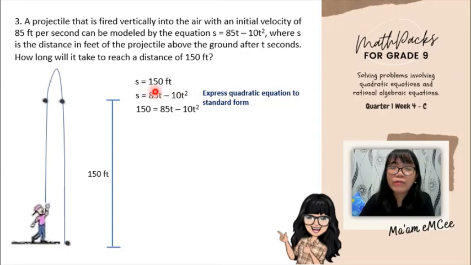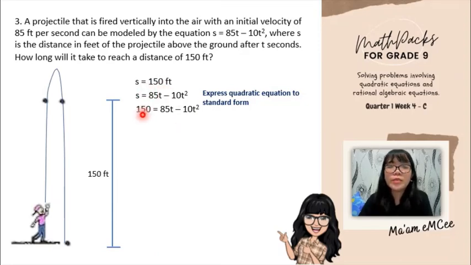We substitute s by its value, which is 150 feet. That is why we have 150 equals 85t minus 10t squared.